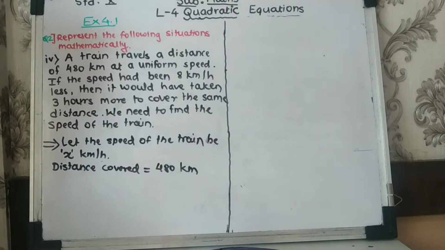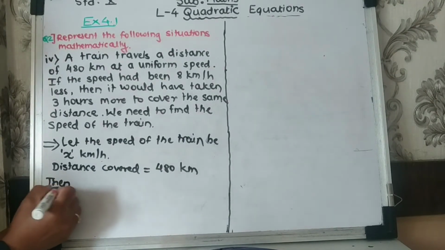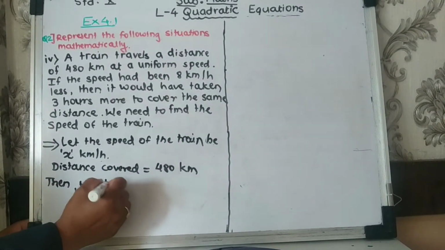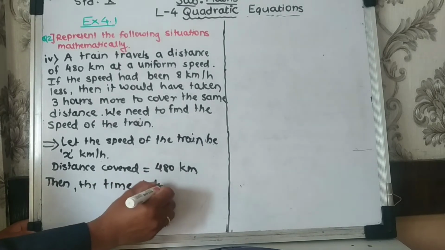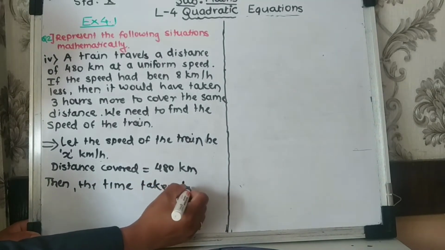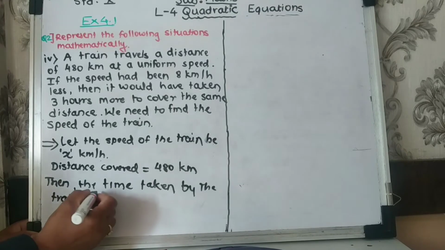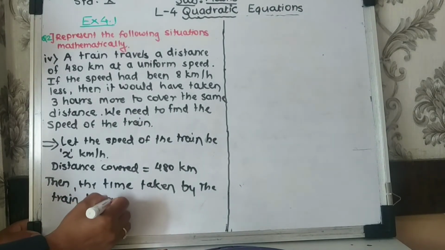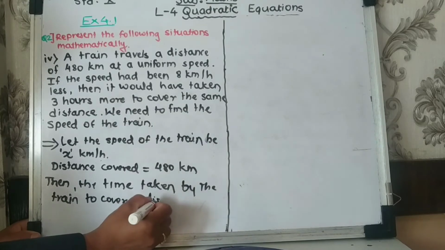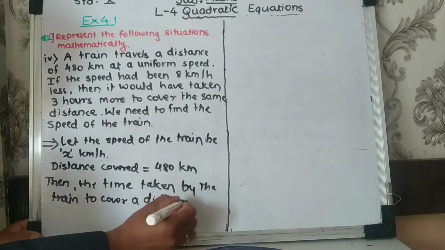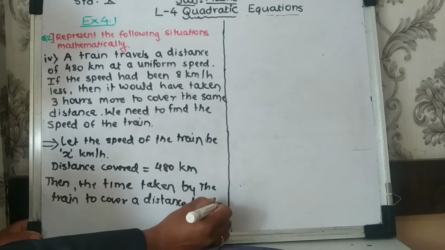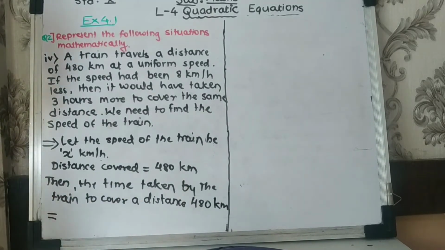Now, in science we have learned, we are going to find out the time taken to cover the 480 kilometer distance, right? So we will write: then the time taken by the train to cover a distance of 480 kilometer equals, how much time will it take?